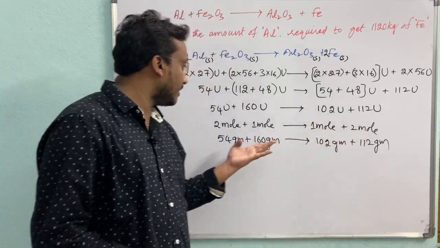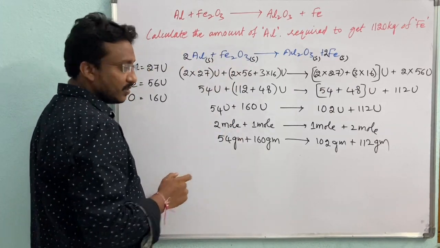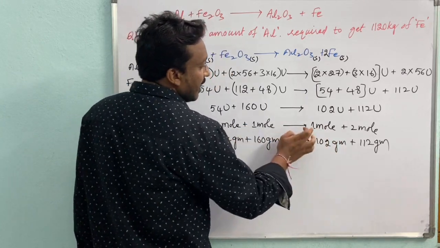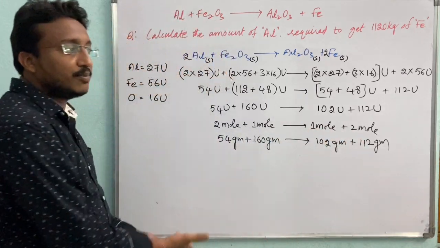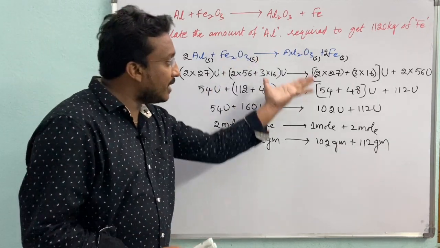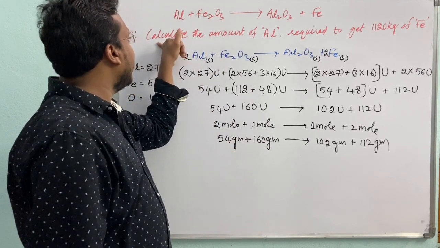In all cases, the product side has 3 moles, 2 plus 1, and the reactant side also has 3 moles, so it is balanced.